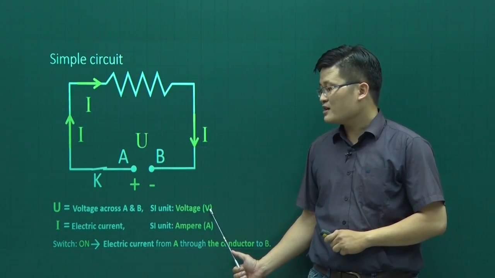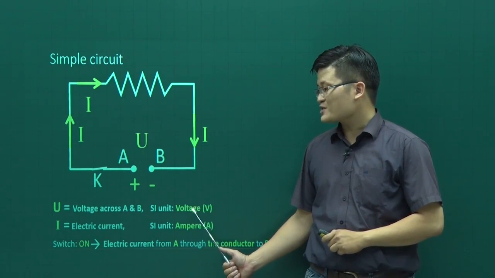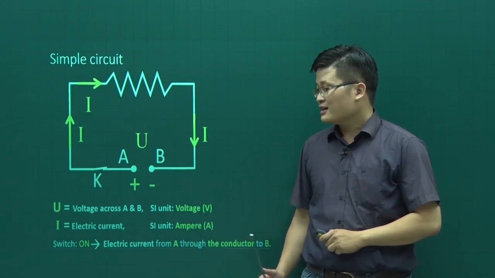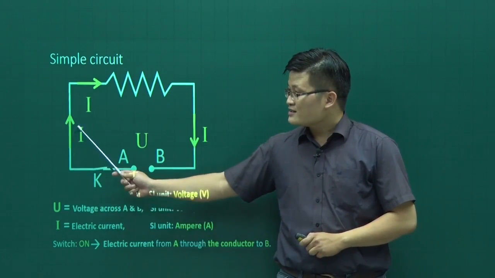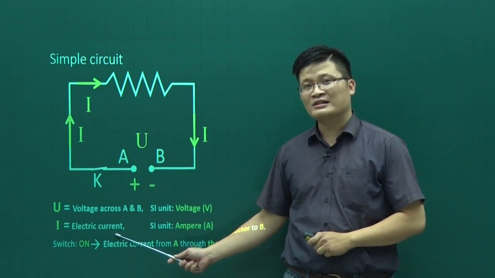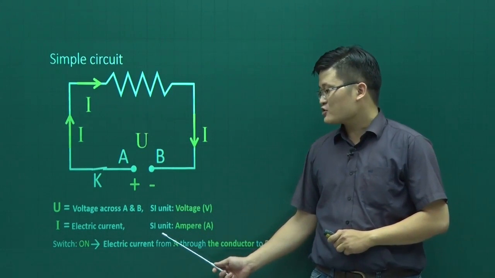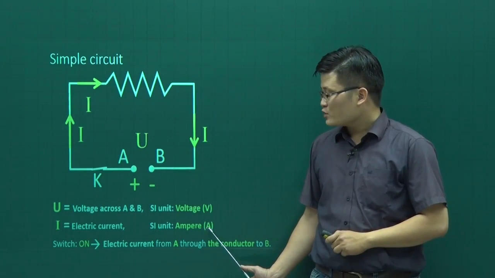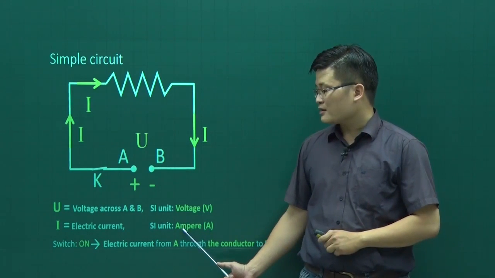We use the symbol V for volt. Now, we use the symbol I to represent electric current. Electric current is measured in amperes, and we use A to stand for ampere.